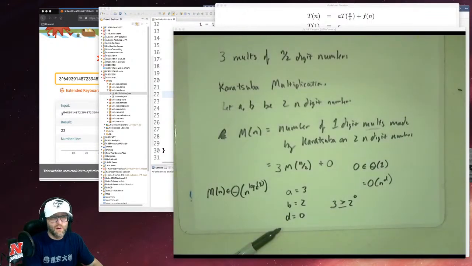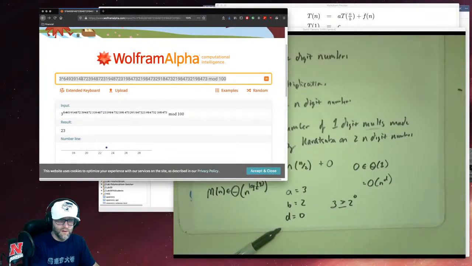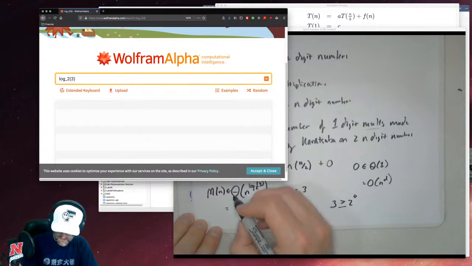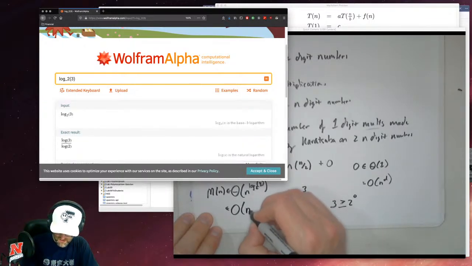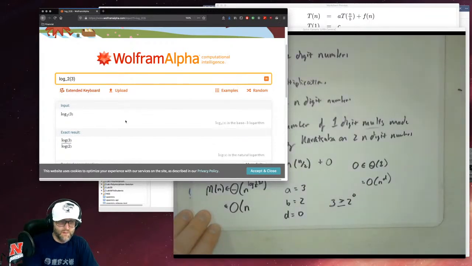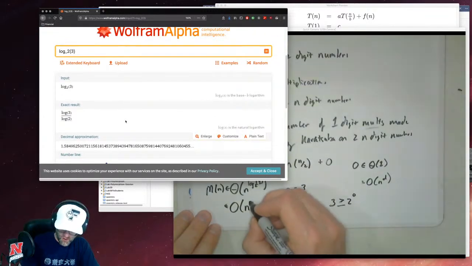So let's come over here to Wolfram alpha, because I don't know what that is. Log base 2 of 3. Right. So this is, I'll change it to big O here, of n to the, there we go, 1.585.